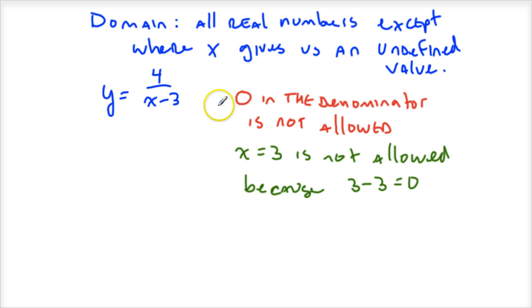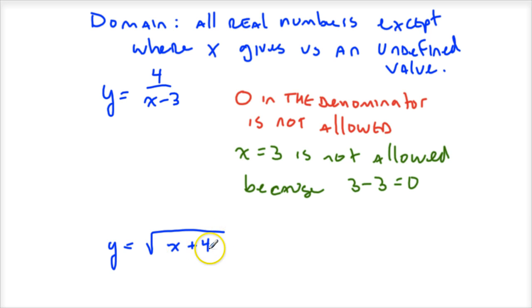The other scenario where we'll see an x value that's not allowed in our domain is when we have an x under the square root, and we don't want to have any negative numbers, right? So if I have y equals the square root of x, let's say plus 4, okay? I can never have a negative number under the square root.